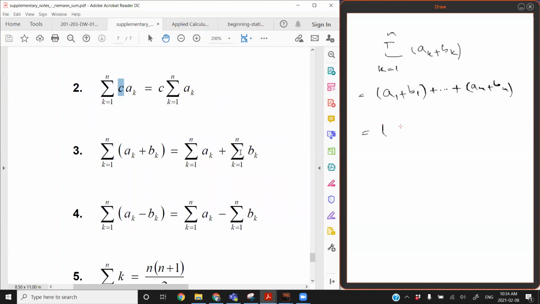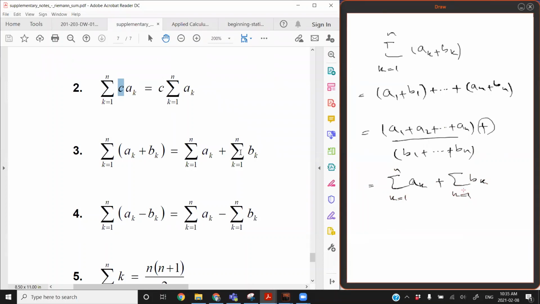So you can actually add up all the a's first, and then add up all the b's, then add these two together. If you look at this one, the first one is sigma a_k, and the second one is sigma b_k, and in both cases k goes from 1 to n. So it's as if you have a sigma like this, you can distribute it.